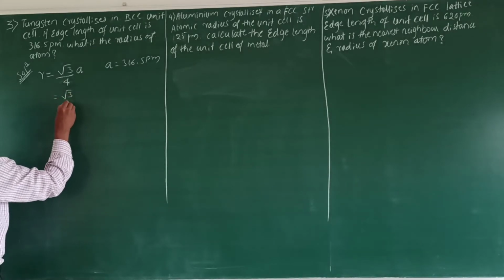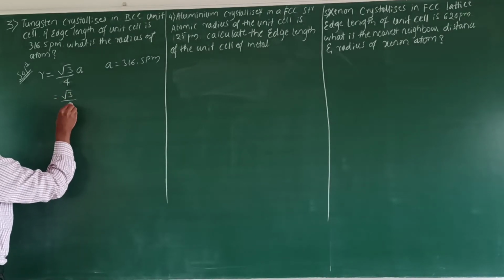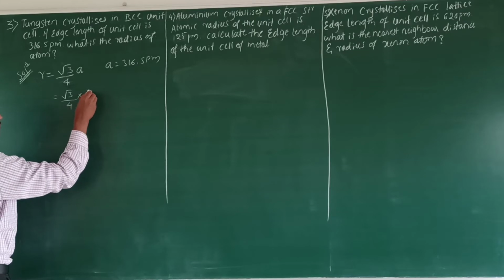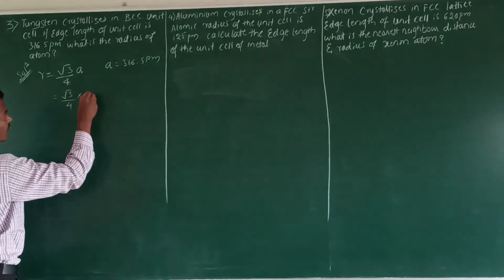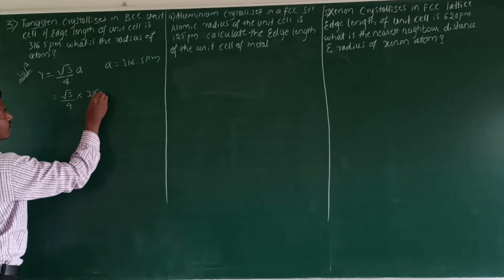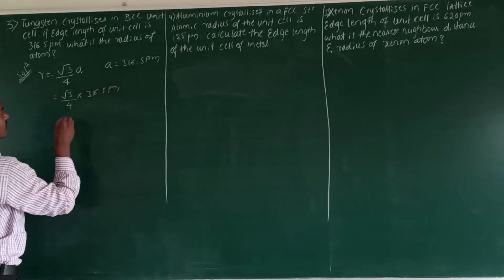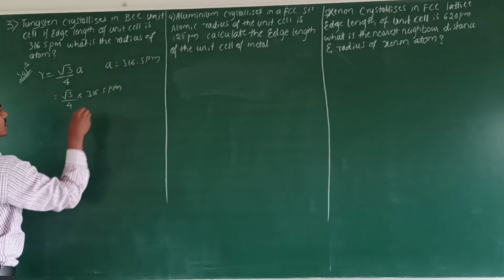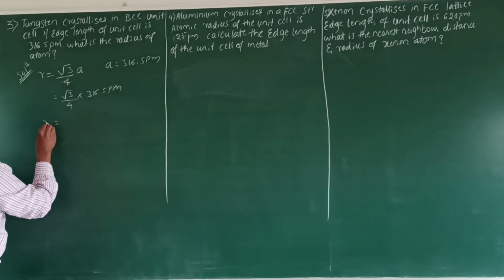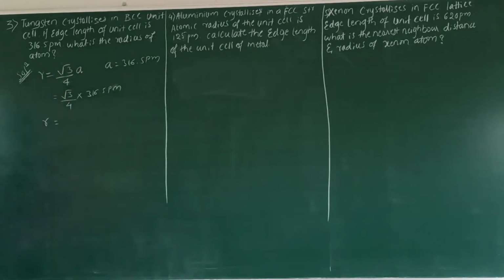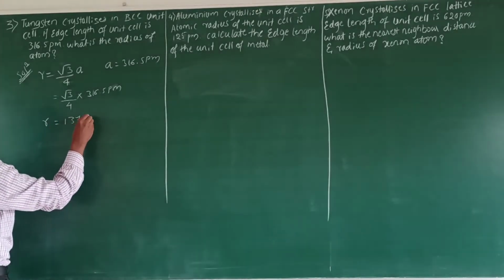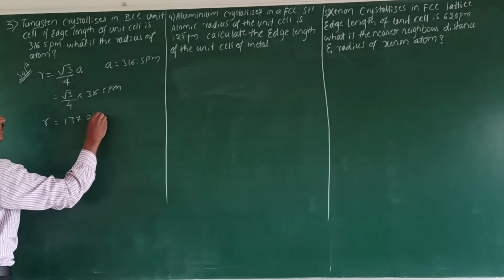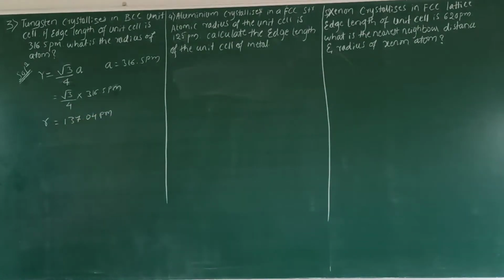Root 3, using the calculator, we are getting the root 3 answer. Root 3 simplified form, 316.5 picometer. This implies the radius of the BCC unit cell is 137.04 picometer, isn't it?